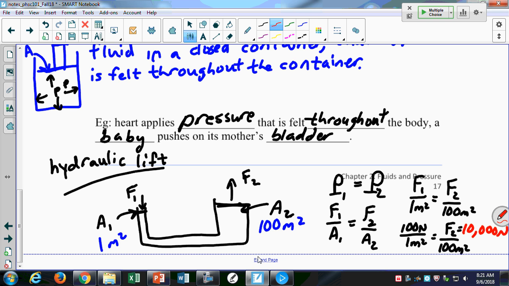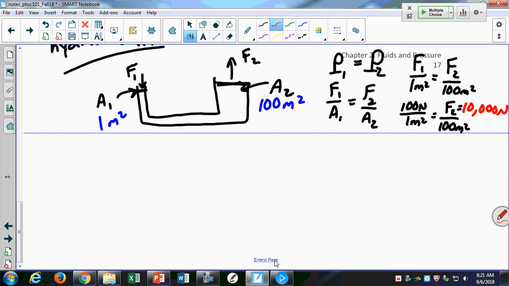Let me write it a different way, mathematically. If I take this, I can say that F1 is equal to A1 over A2 times F2. All I did is solve for F1.